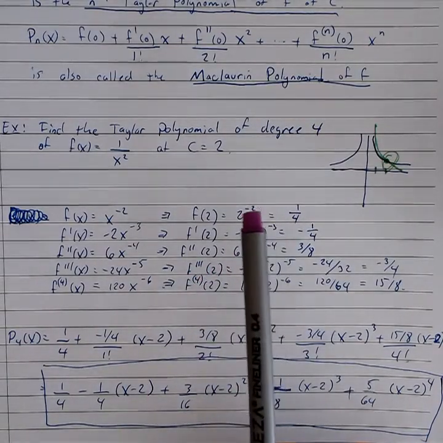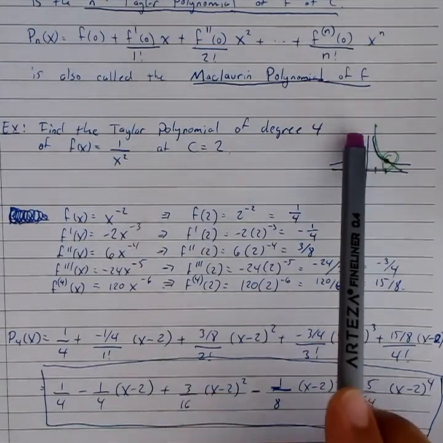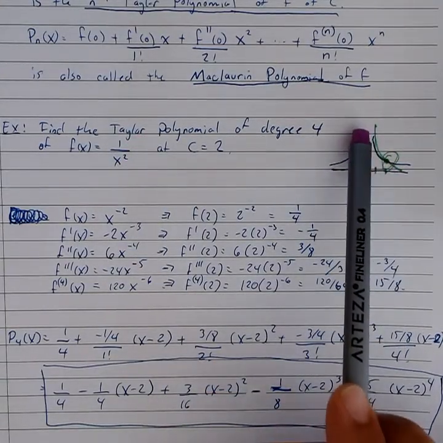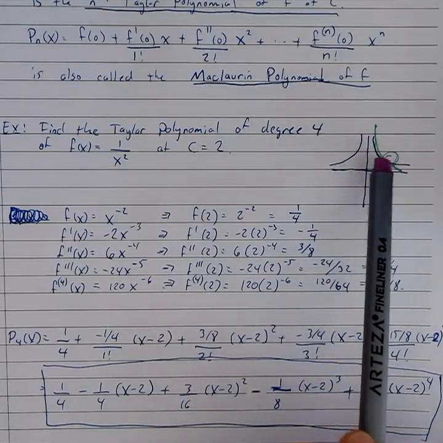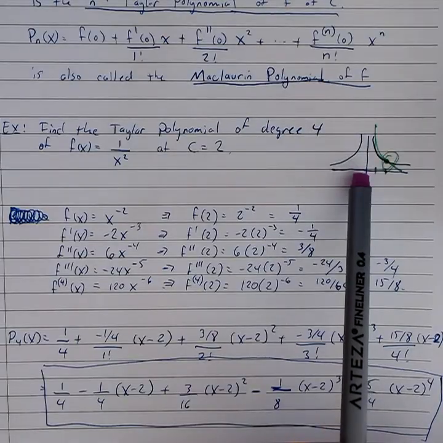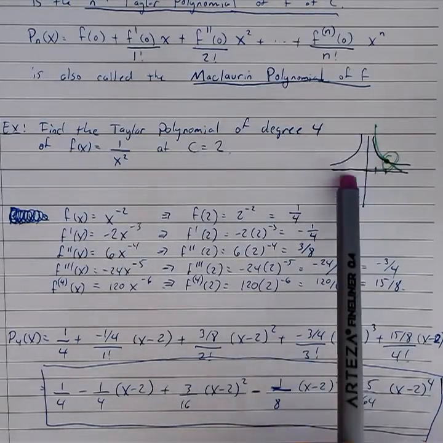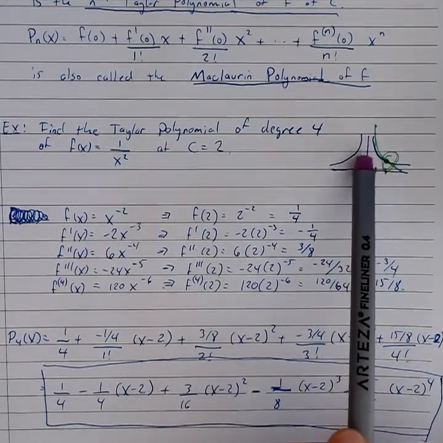So here, what this problem is saying is 1 over x squared. All right, well, there's the graph of y equals 1 over x squared. And notice that you couldn't approximate it at 0, right? A Maclaurin polynomial is nonsensical here because if you try to plug in 0 either into the function or its derivatives, those things aren't defined at 0.